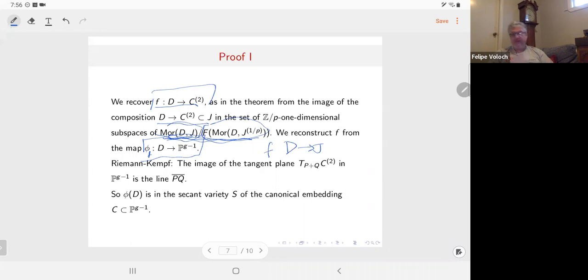This set of morphisms is typically infinite. So this quotient group is finite, but the thing you're quotienting is not finite. But using the fact that the image of the map is in the symmetric square, I'll be able to recover the map. So with the Gauss map and the fact that its image is in the symmetric square, with those two bits of information, I'll recover my map.